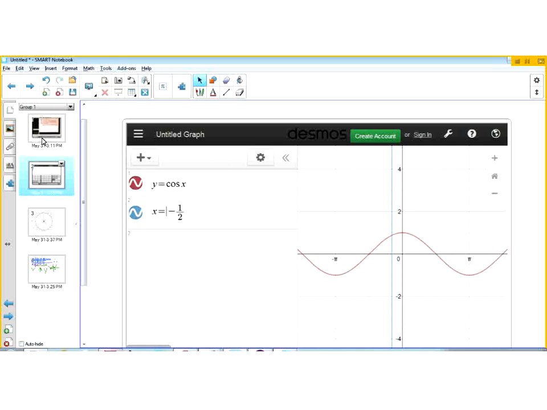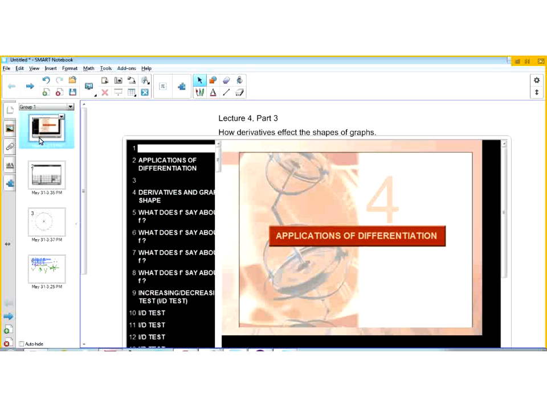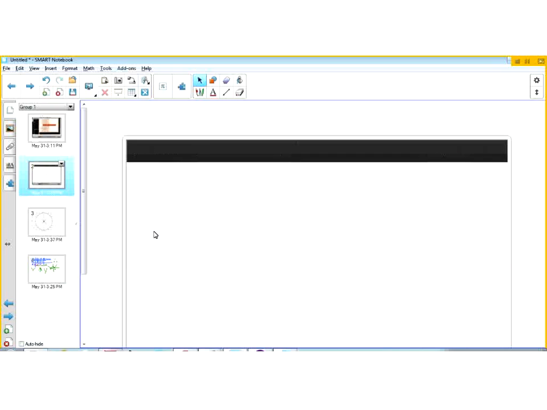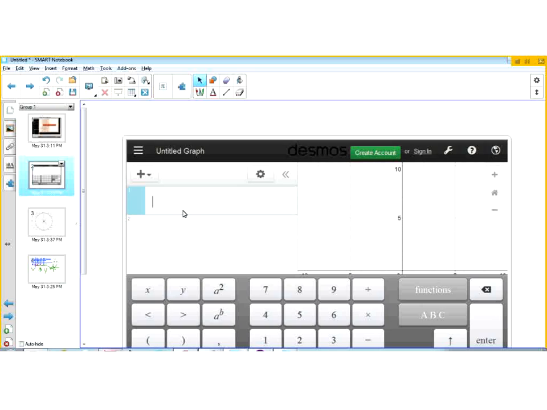Is that the question? Slide 32, where cosine x is equal to, let's check it again. I beg your pardon. The output of cosine x is equal to negative 1/2, not the input, sorry. Let me go back. That should be y is equal to negative 1/2.